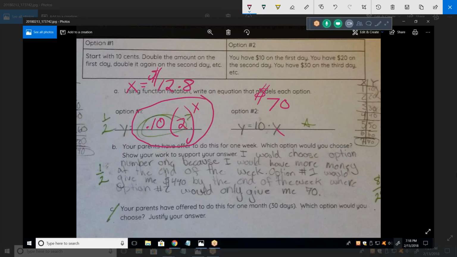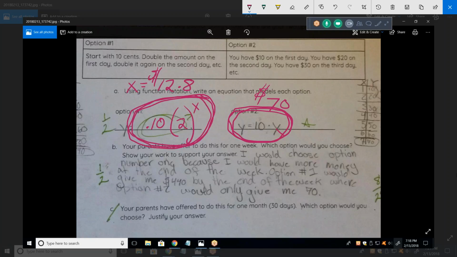Now, the weird thing about this problem that I don't particularly like is that exponential growth almost always rapidly exceeds linear growth. That's linear growth. Now, what would be really nice, there we go, answer C.